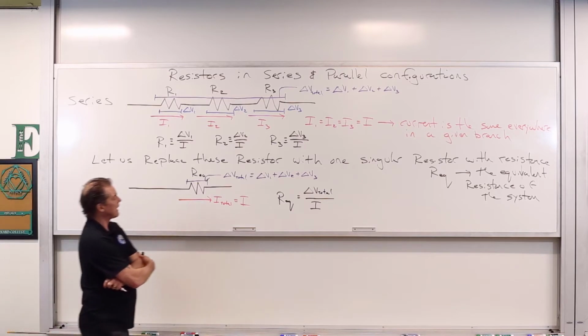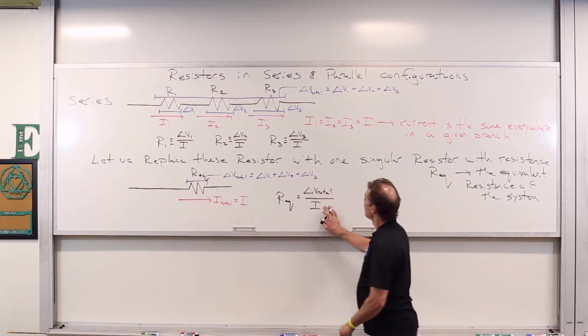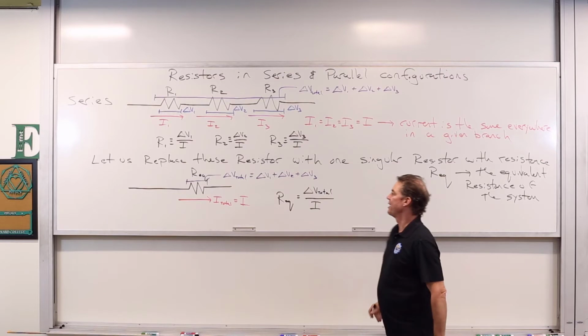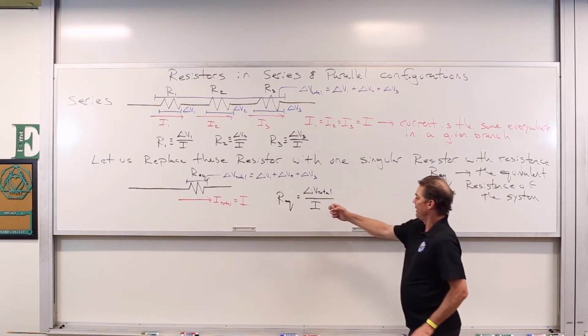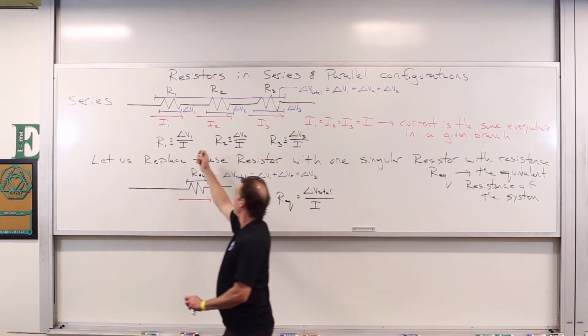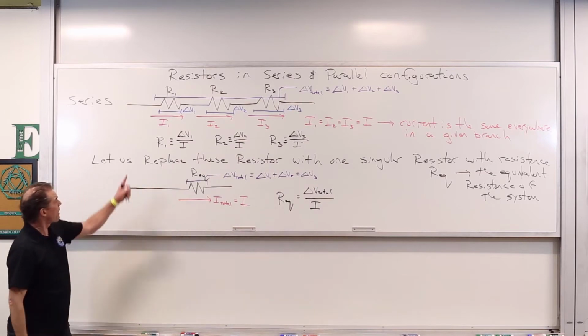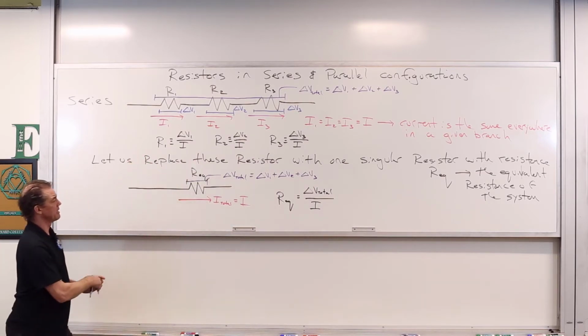Well, how are we going to get this out of those? What do you notice? Well, they have the common denominator of I right here. What happens if I think about adding those three resistances together?